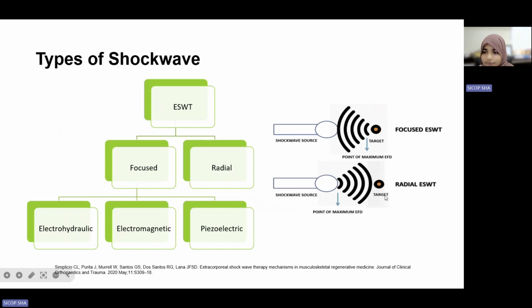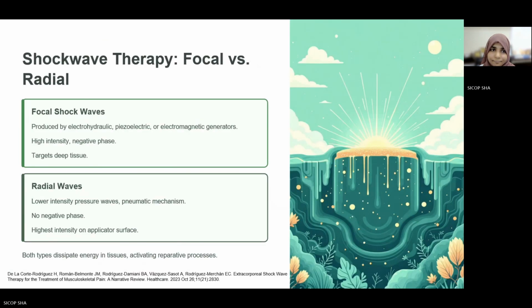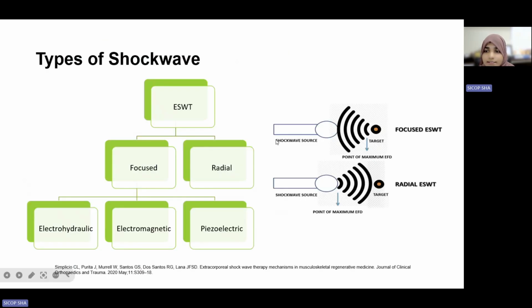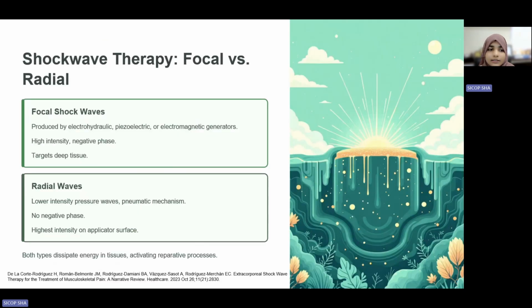Basically, focused shock wave has a negative phase and it has high intensity. So it majorly targets the deeper tissue because, as in the previous diagram, it leaves from the shock wave source and then it gets concentrated. So that it helps in delivering the shock waves to the deeper tissue.